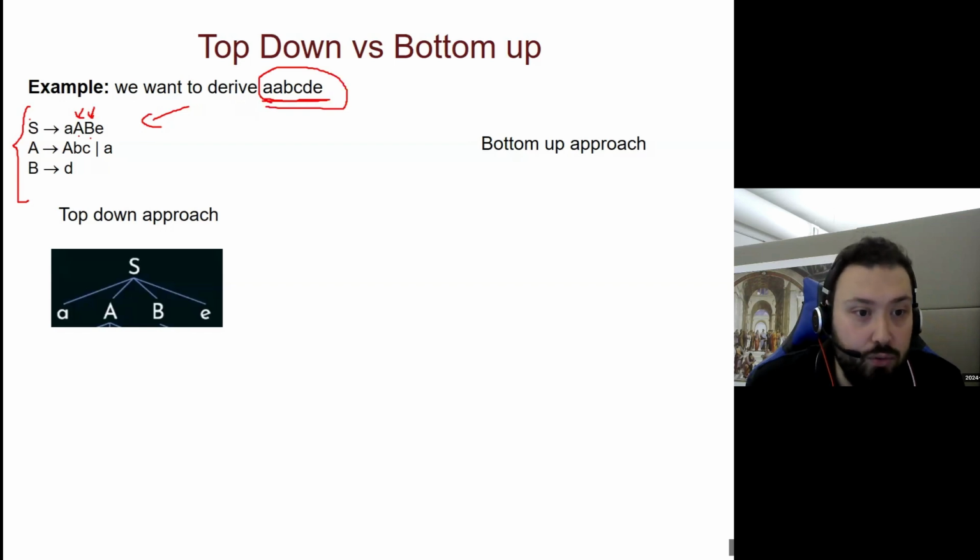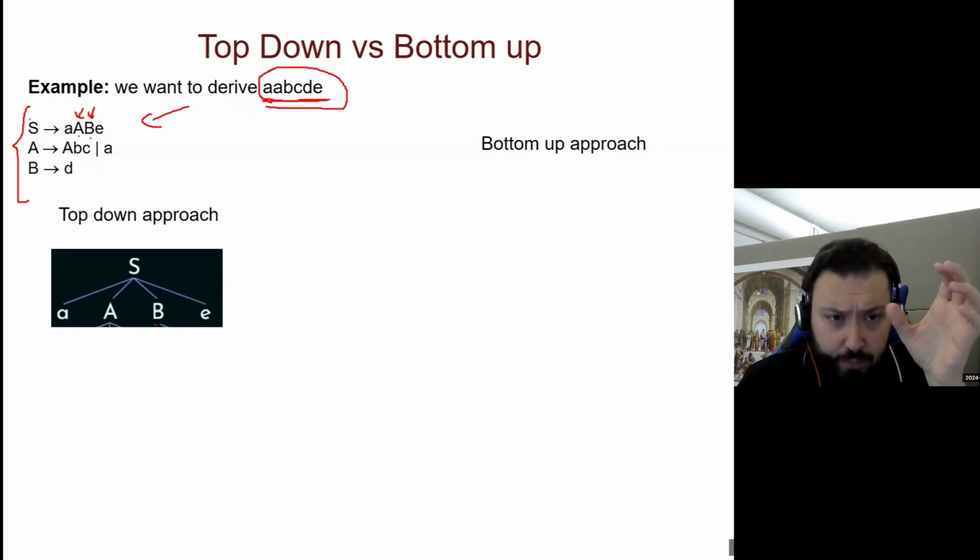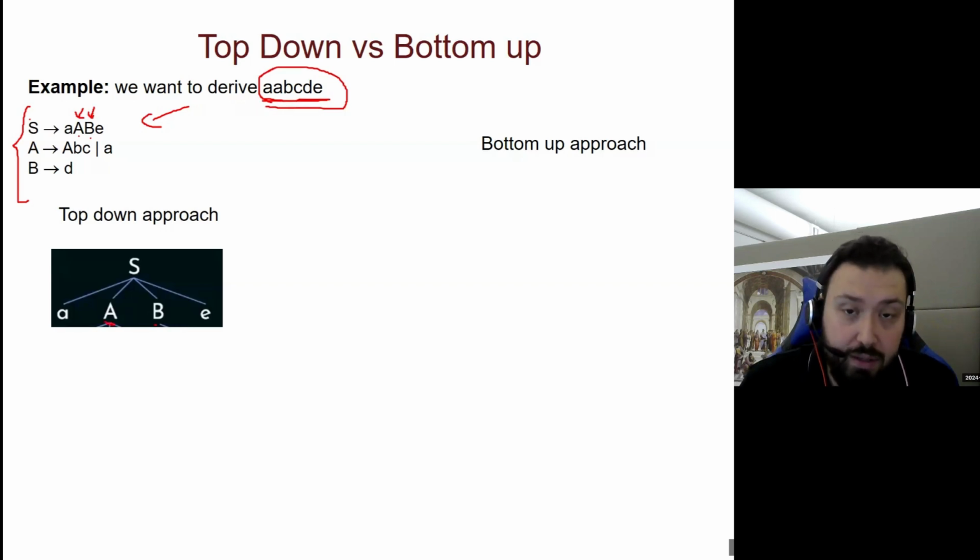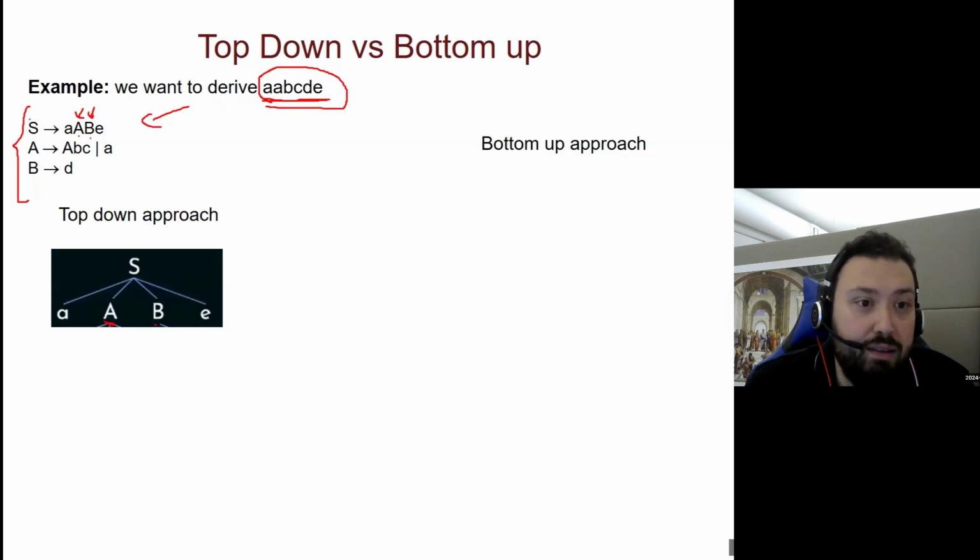So should I expand the A or the B? The idea behind top-down is to go left, so we always start from here. I can either choose A or A, B, C. If I choose A, I'll end up with A, B, E, and I will lose these two. So of course, I'm going to choose this one.